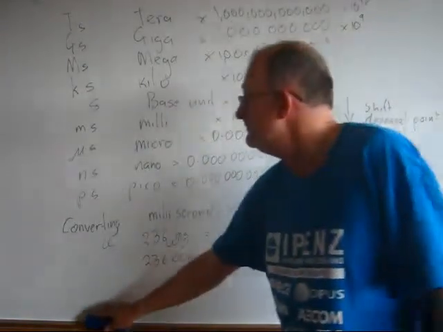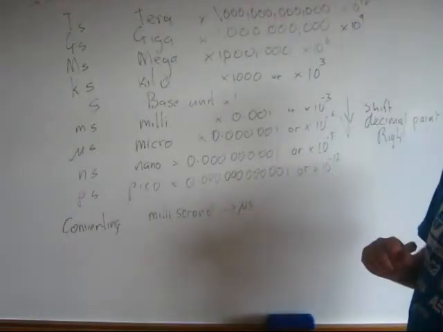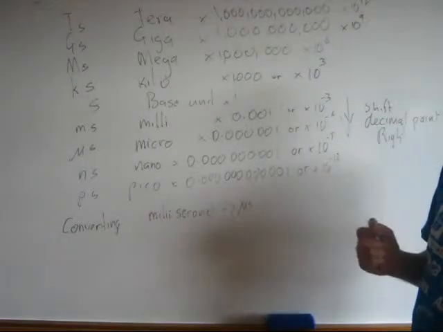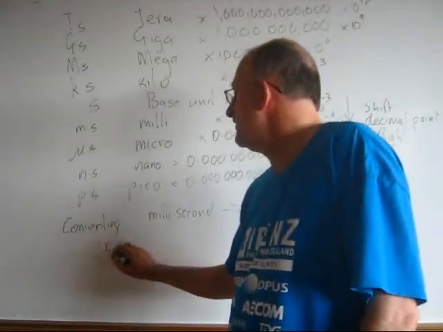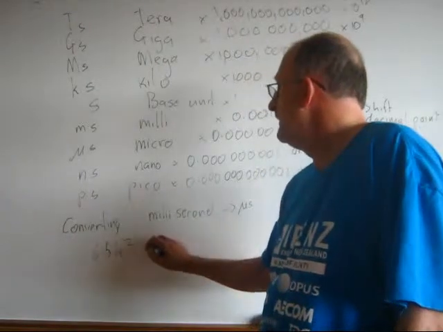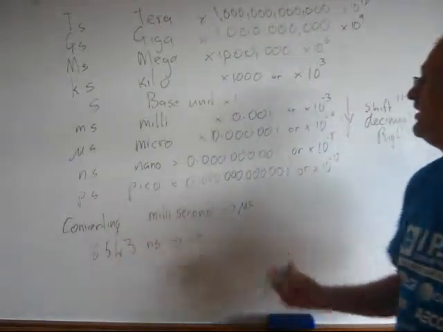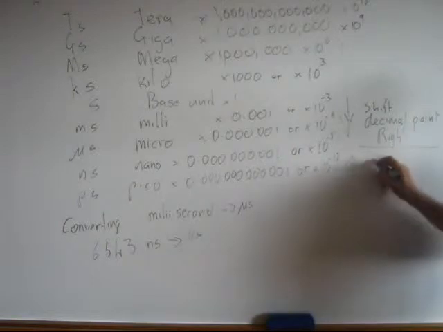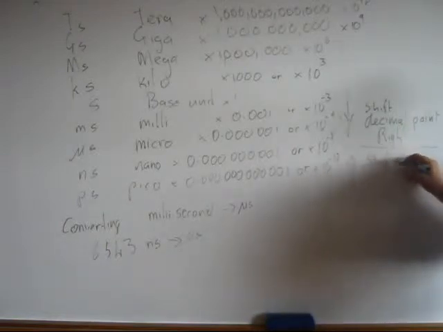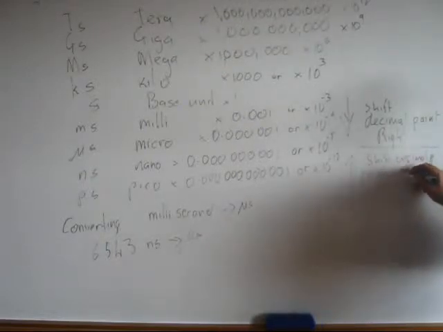Okay, let's try this again. I want to convert, I don't know, 6,543 nanoseconds to microseconds. This time, because we're going up, shift the decimal point left.